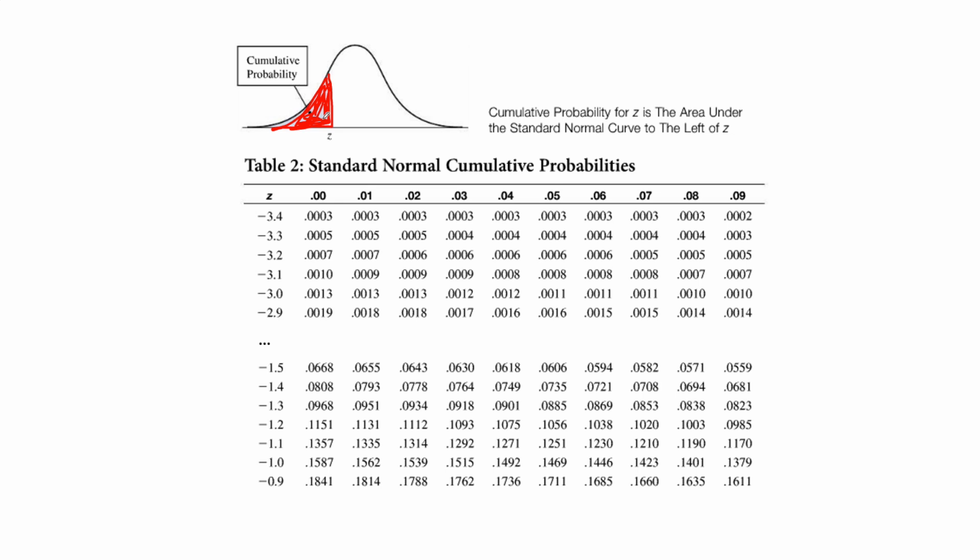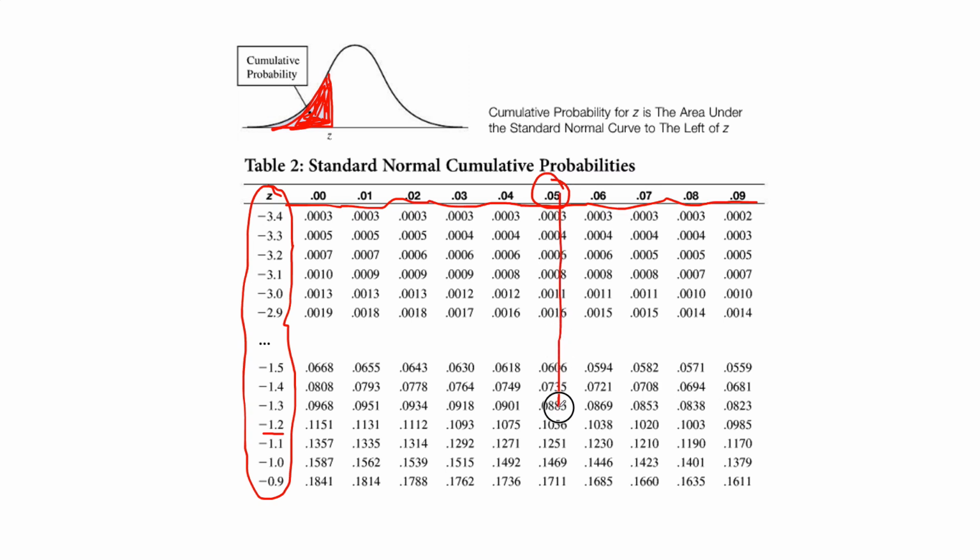All right, so we want to look for negative 1.25 in this table. To do that, we're going to start by looking in this first column, and I'm going to look for the first 2 digits in my z-score. That's the negative 1.2. It's right here. Now I'm going to scroll across the top row to find the second decimal in my z-score. It was negative 1.25, so I'm going to look in this 0.05 column, and I'm going to find where that row and column meet.